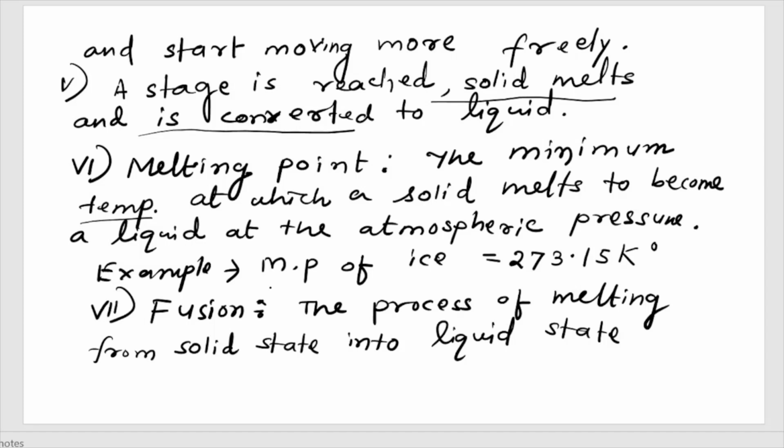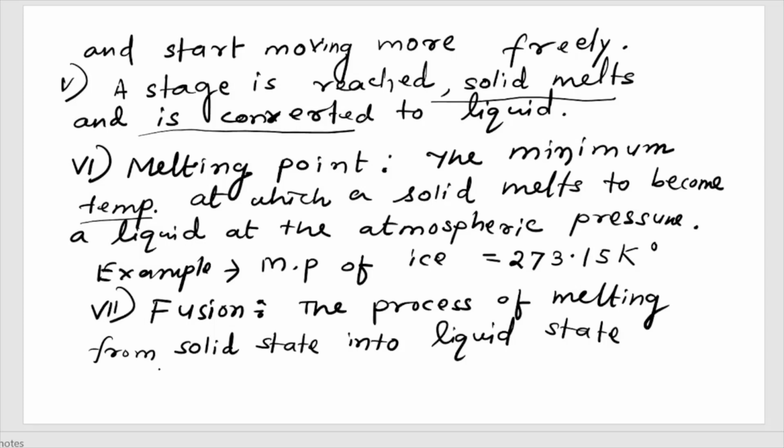For example, the melting point of ice is 273.15 Kelvin, and Kelvin is always represented by K. So this is 273.15 K, which is the melting point, also called the fusion point. What is meant by fusion?